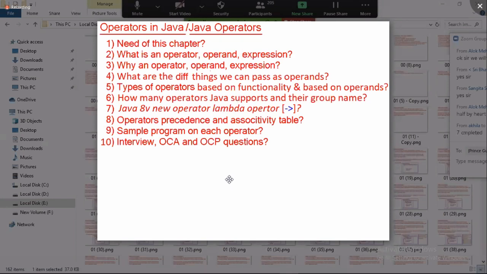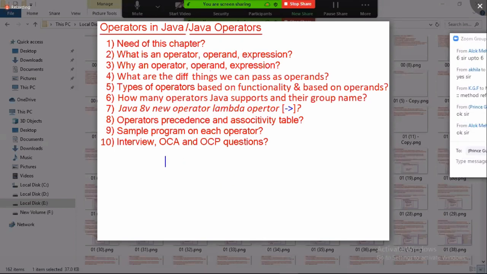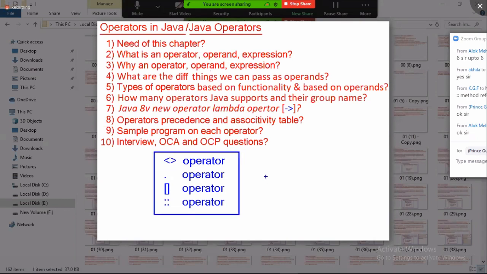There are 4 words people are calling operators. First one is diamond operator. Second one is dot operator. Third one is array operator. And the next, double colon operator. Okay, people are calling these operators, but according to Sun Microsystems documents, these do not come under the operators list.